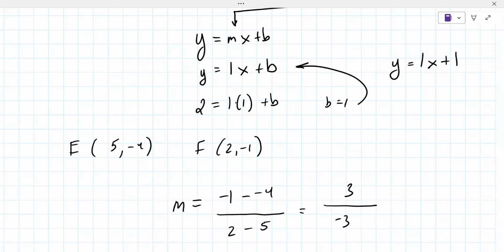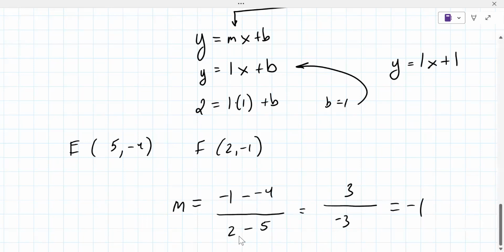Okay, so double check your arithmetic there. Yeah, I got that now. Okay, great. So then that equals -1. So the slope is -1.